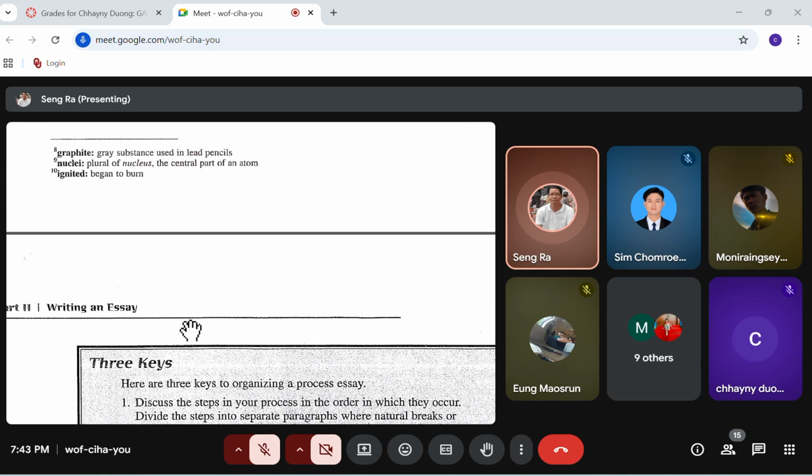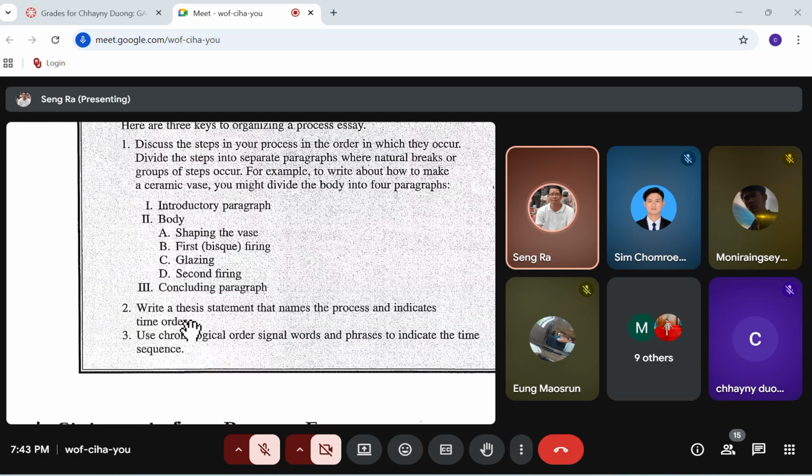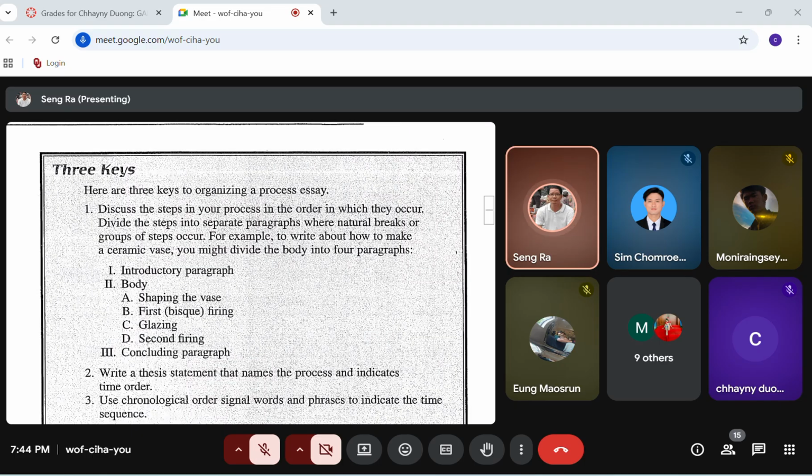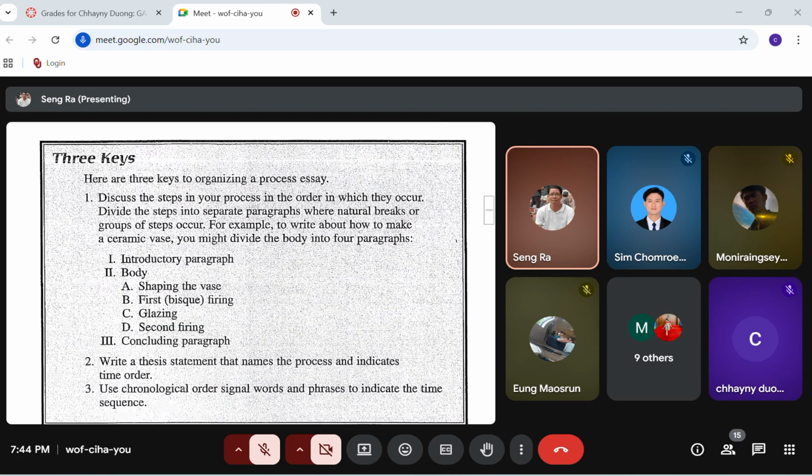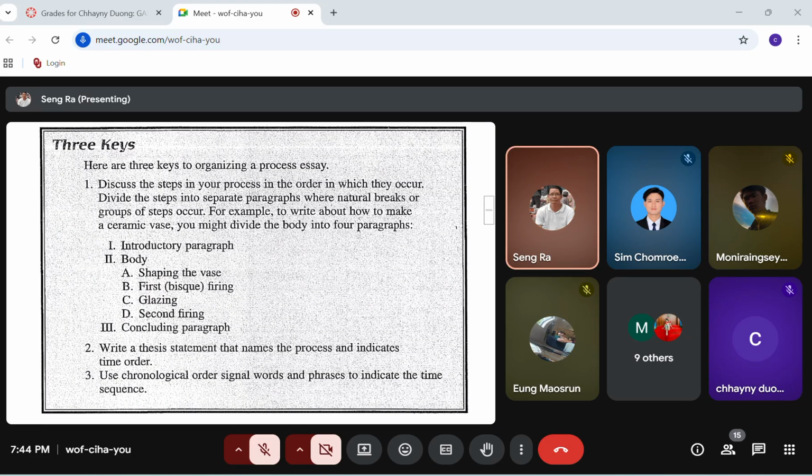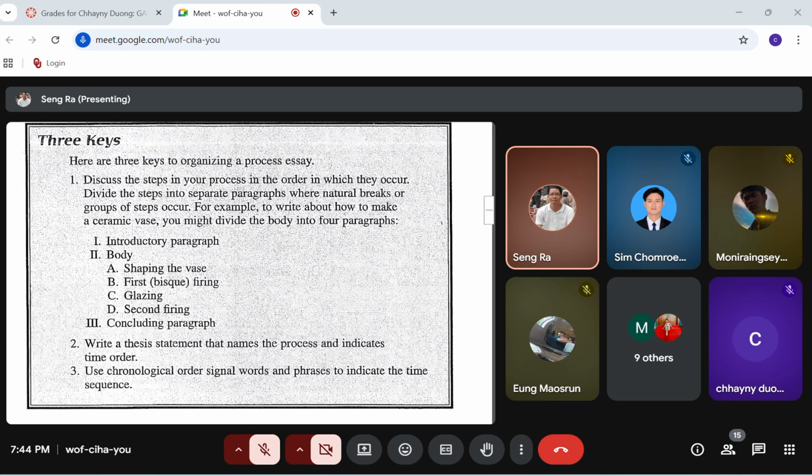You may want to look at this for reference, everybody. Here are three keys to organizing an essay. Just look at it again now. We discuss steps in your process in the order in which they occur.